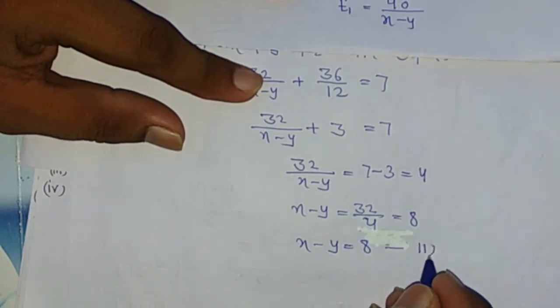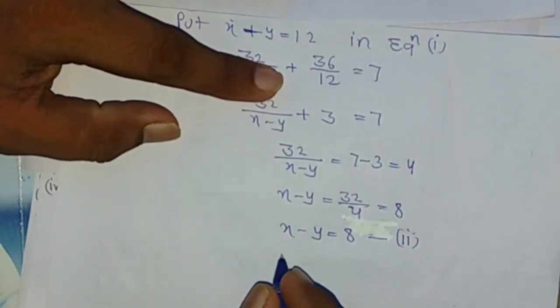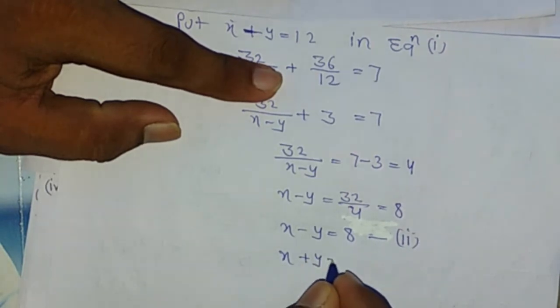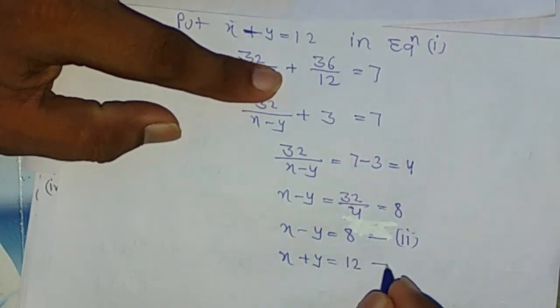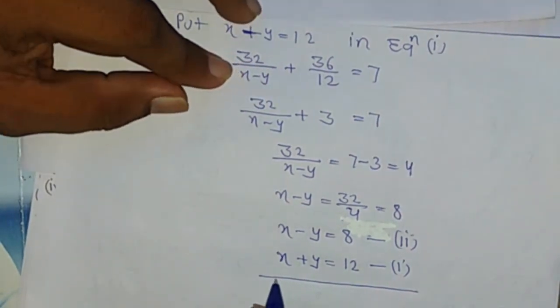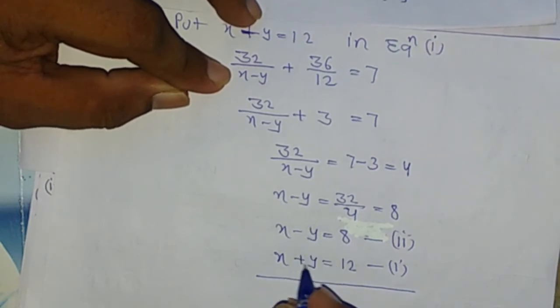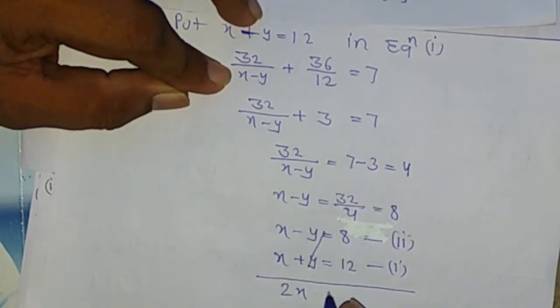It is equation second, and our first equation is x plus y equals 12. Put both equations together and solve. Since the coefficients of y are equal and opposite, we simply add these equations. 2x, y cancels out, 12 plus 8 is 20, then the value of x is 10.